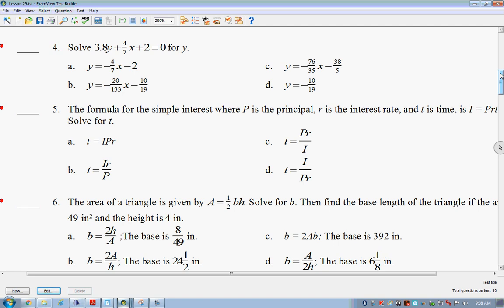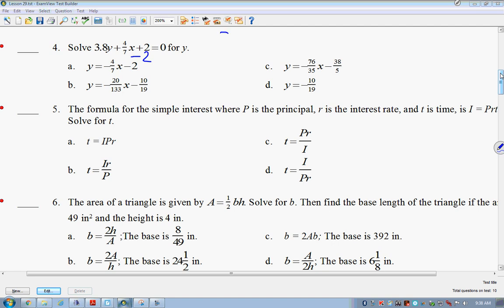Okay, let's see, Tiffany, number 4. We have 3.8y plus 4/7 x plus 2 equals 0, and we want to solve this for y. What's the first thing that you want to move to the other side? And how do we move it? So we subtract 2.